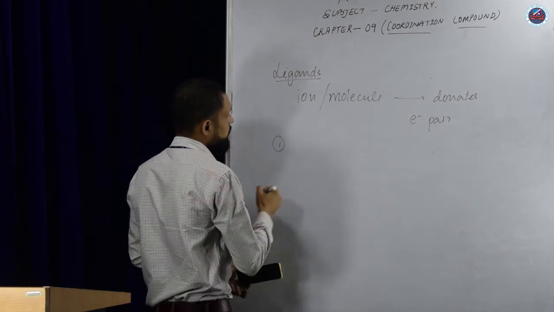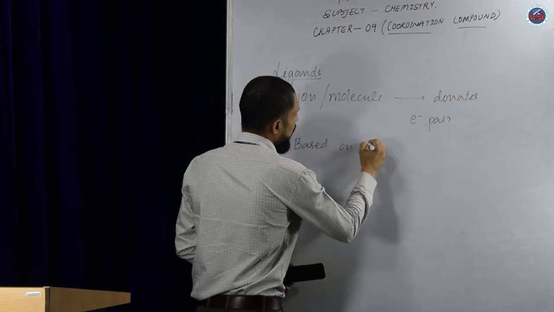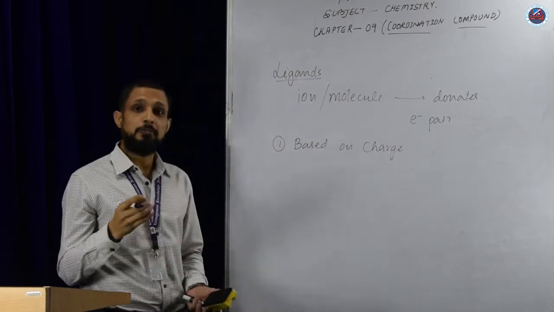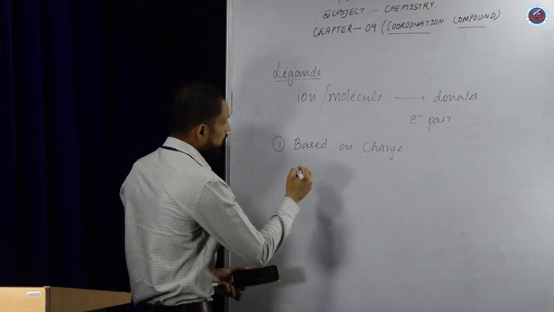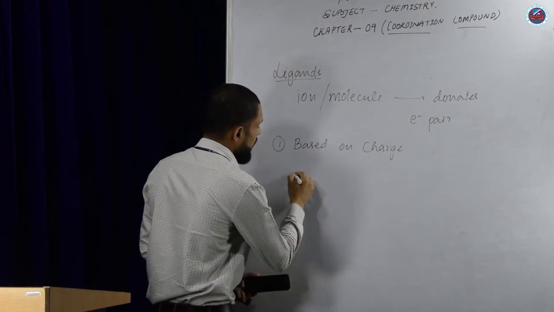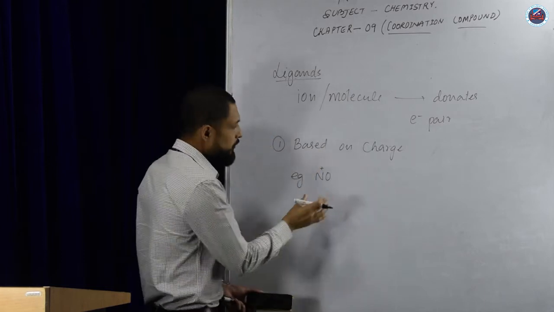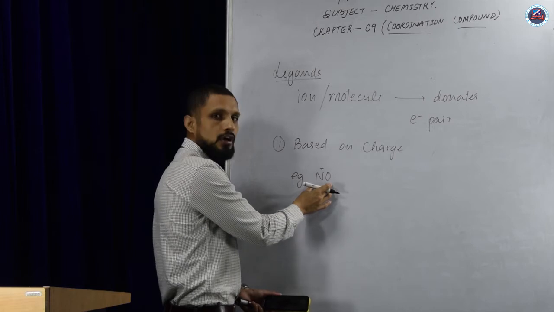So first, it's classified based on charge. So we know it can be either positive, negative or neutral. So if it is positive, say for example NO positive, this is an example of positively charged ligand.